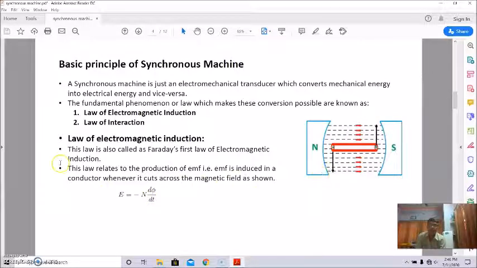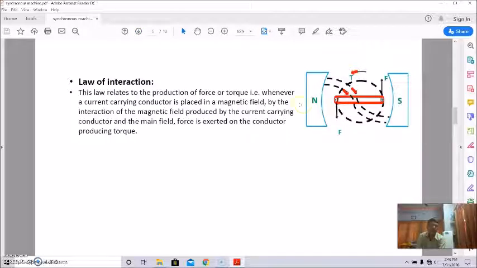So this is Faraday's law of electromagnetic induction, and the law of interaction relates to the production of force or torque.